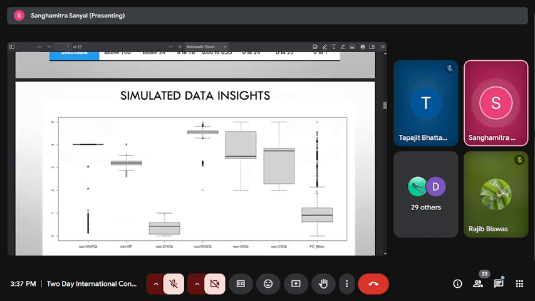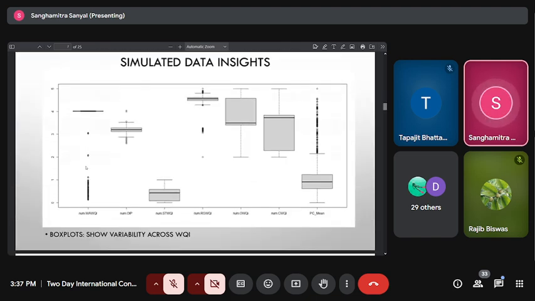Now, if you look at the simulated data, remember this data is completely generated by computer, and even there, none of these indices agree with each other. WAWQI is giving us, remember, 4 was basically good quality water.